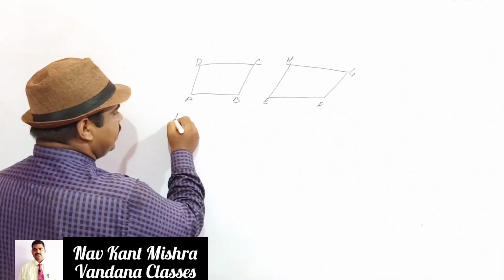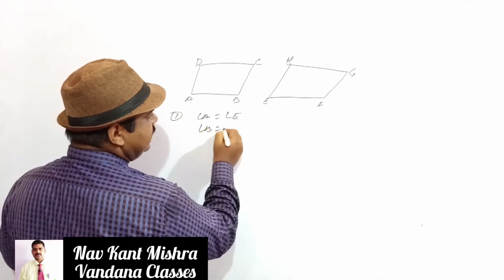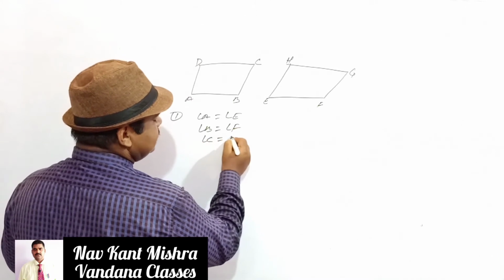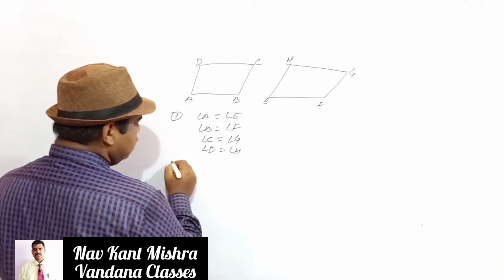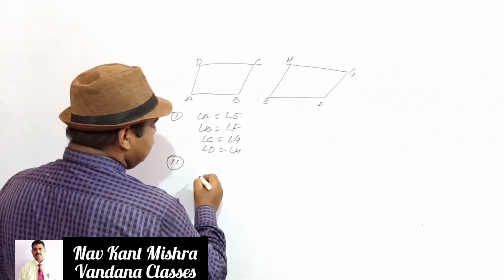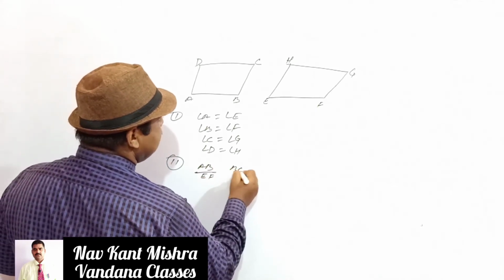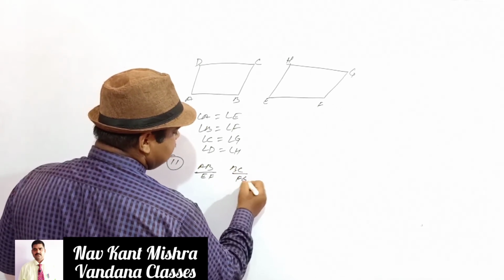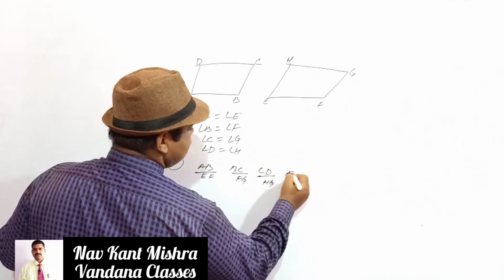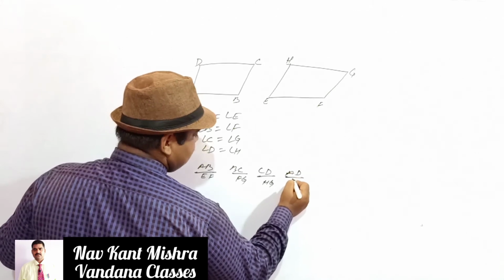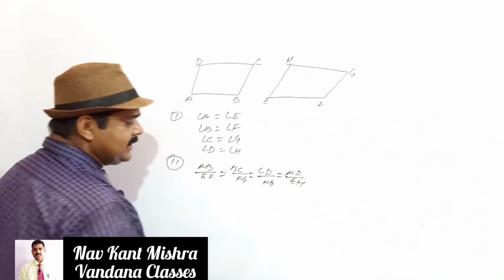The first condition: angle A is equal to angle E, angle B is equal to angle F, angle C is equal to angle G, and angle D is equal to angle H. And the second condition is that the ratios of the corresponding sides, AB upon EF, BC upon FG, CD upon GH, and AD upon EH, are equal.